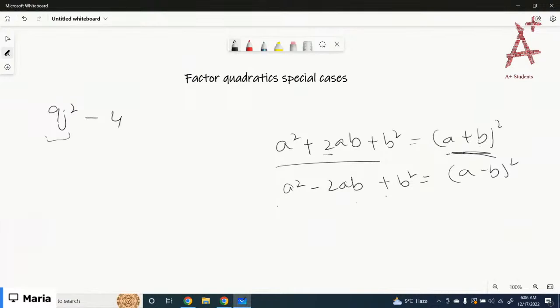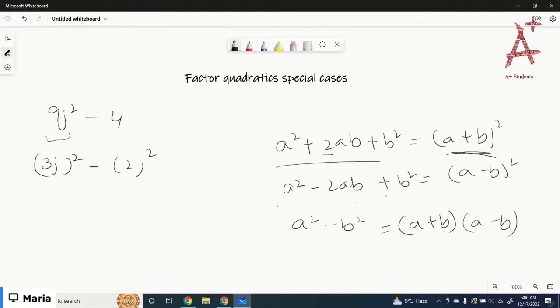Okay, 9j square is the square of 3j and 4 is the square of 2. Got it? Whenever we have something like this, a square minus b square, where both of the numbers are exactly perfect squares, you can write them as a plus b and a minus b.